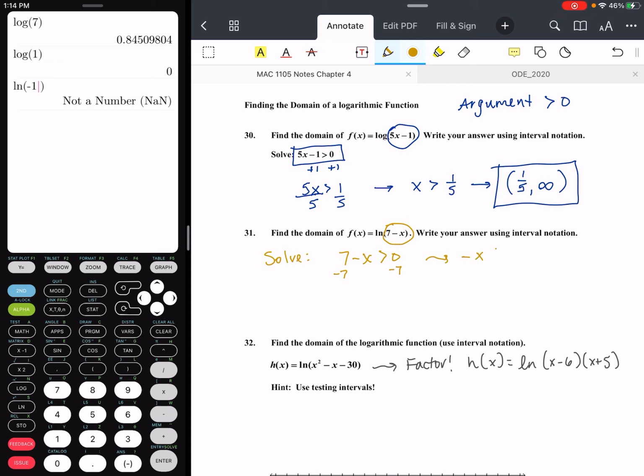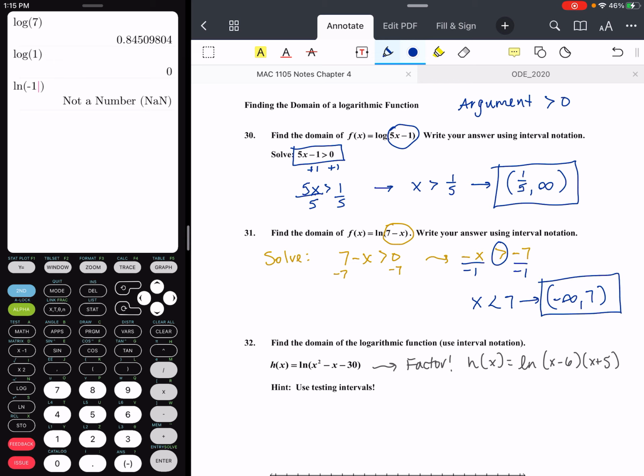Then you have -x greater than -7. You'll divide both sides by -1, which then flips your inequality, gives you x less than -7 divided by -1 is +7. So in interval notation, -infinity up to 7, rounded parentheses.